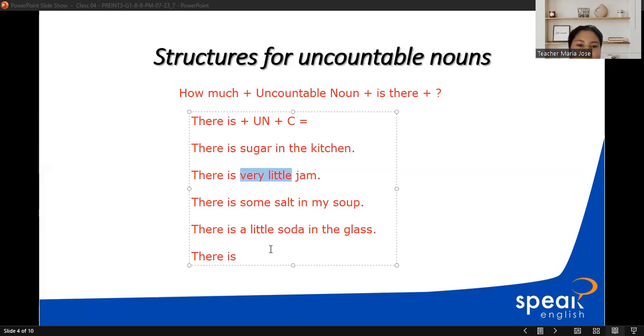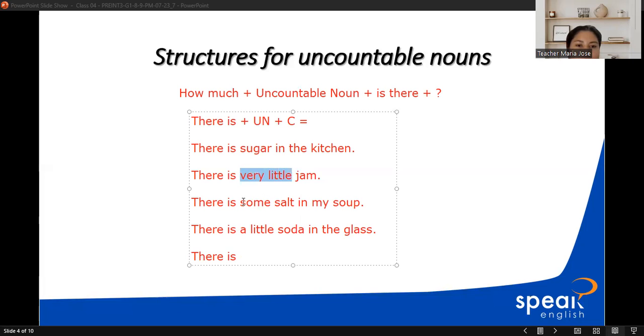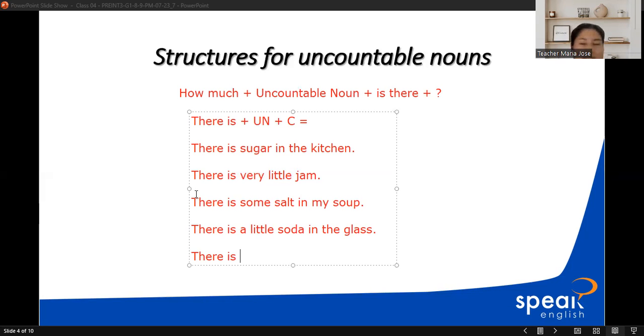Another structure. So we have very little, we have some, and we have a little. What other is missing? There is a lot of rice. Actually, that is good, but we didn't check a lot of.